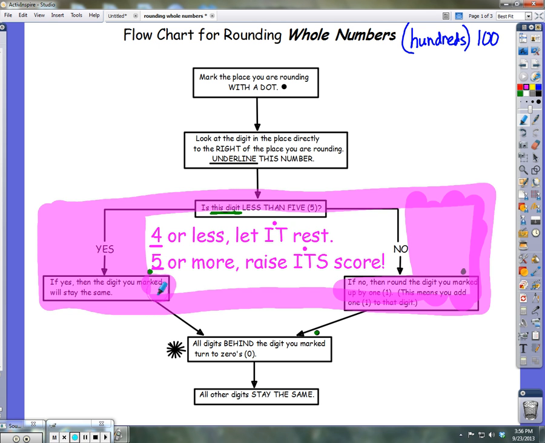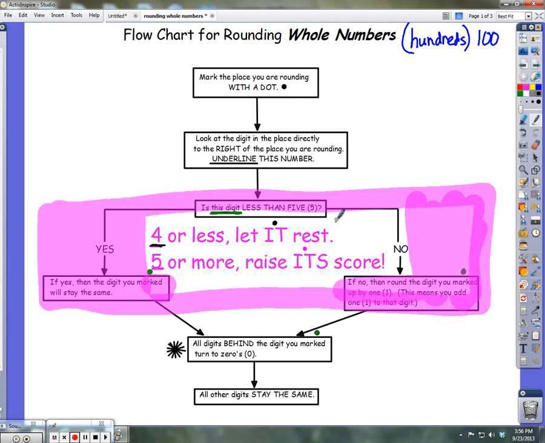Okay, so here's another way that we could use this little saying: 4 or less, let it rest; 5 or more, raise its score. Now the underline, the 4 or less, meaning if the underlying digit is a 4 or less, you would let the digit you marked with the dot, or the place you're rounding to, rest.